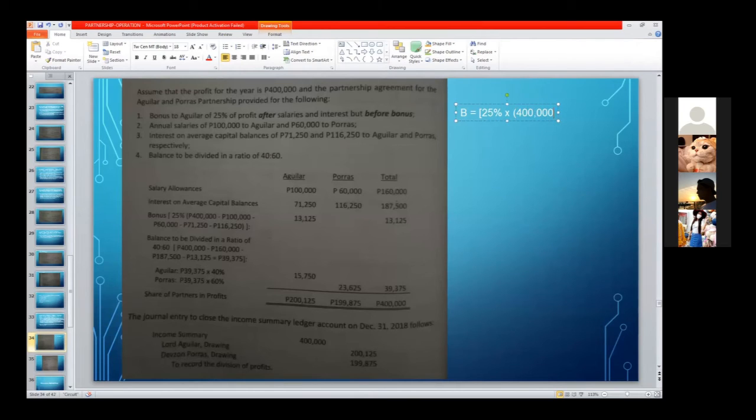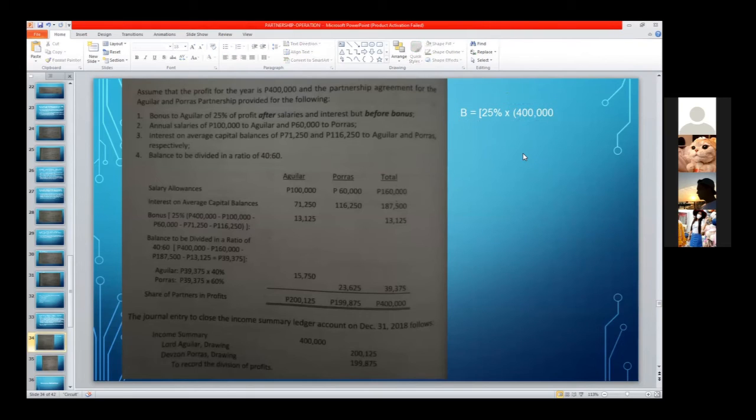Pakilapit nung mic mo para marinig. Ayan, and then pagkatapos yan po, compute na yung sa 400,000, plus yung na-compute na 25% times 400.